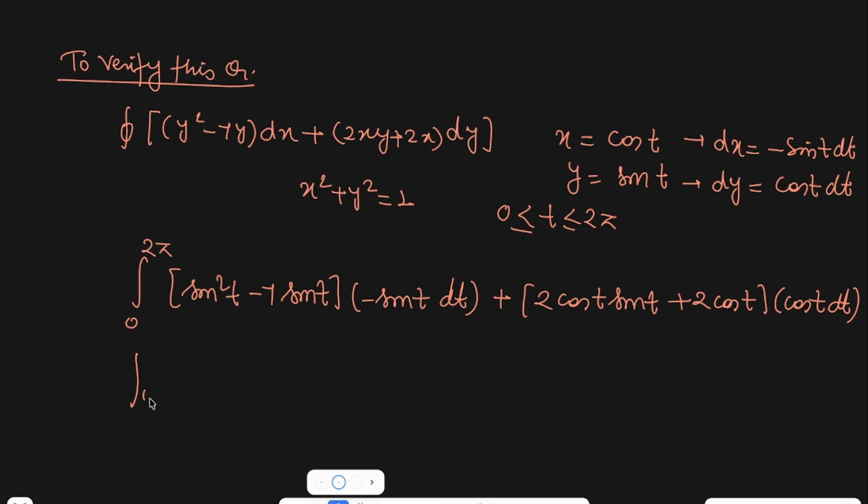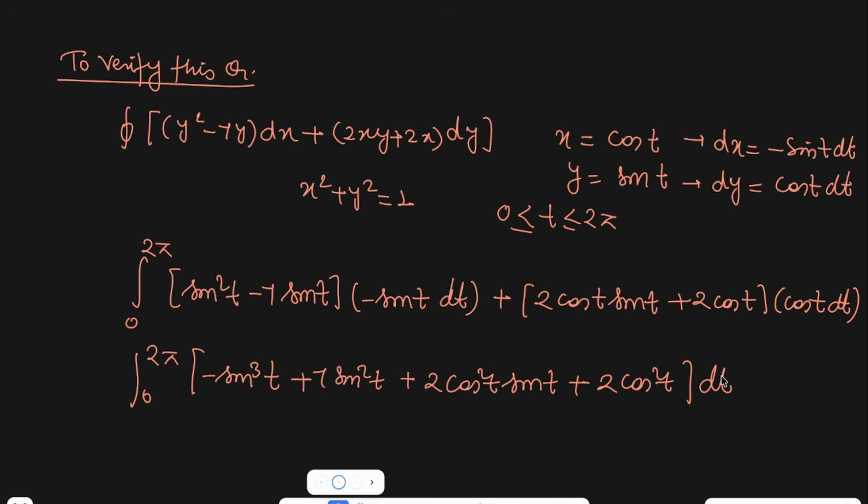Then you have to simplify from 0 to 2 pi. This becomes minus sine cube t plus 7 sine square t plus 2 cos square t sine t plus 2 cos square t dt. When you solve this integral, you will get 9 pi.